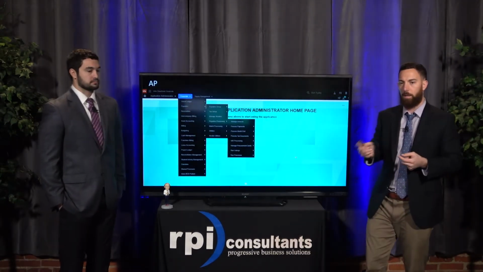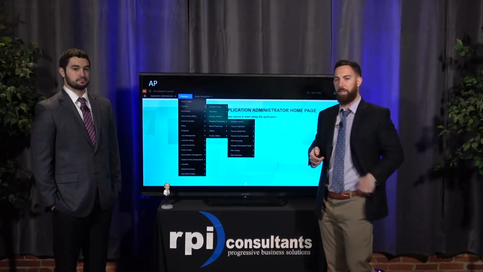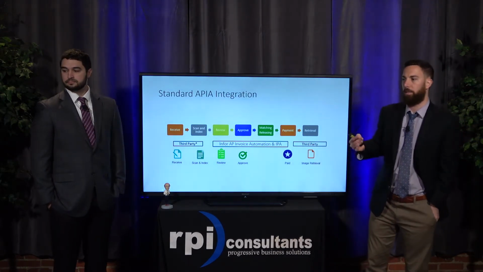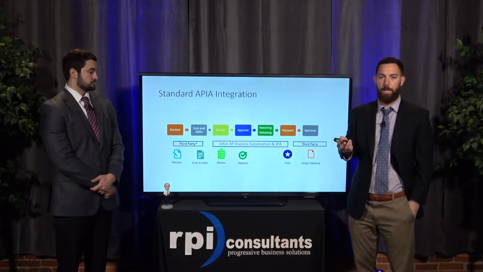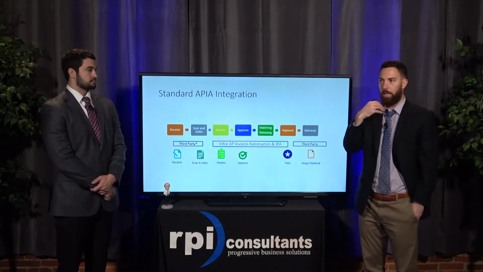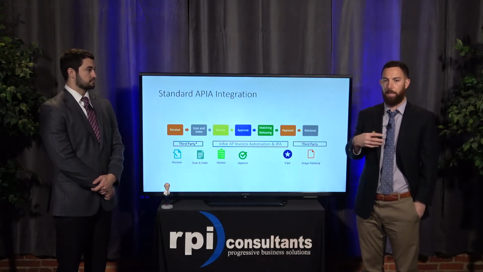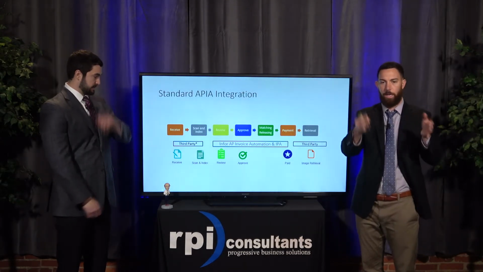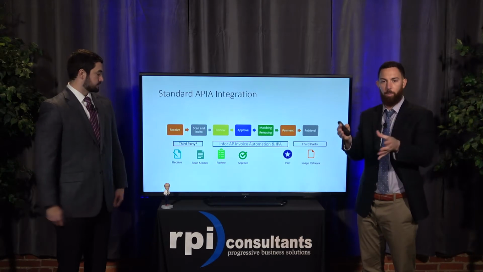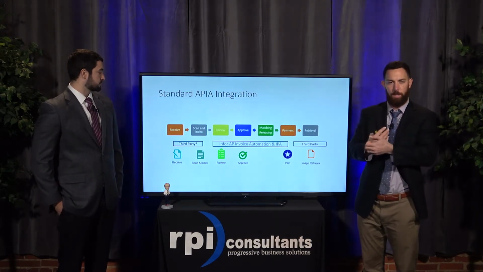Okay, let's get on to AP. Specifically, one of the biggest things here is the integration with accounts payable invoice automation, or APIA. The standard FSM solution has that built into it. This gives you an overview of what APIA is capable of doing for you versus what it doesn't do.